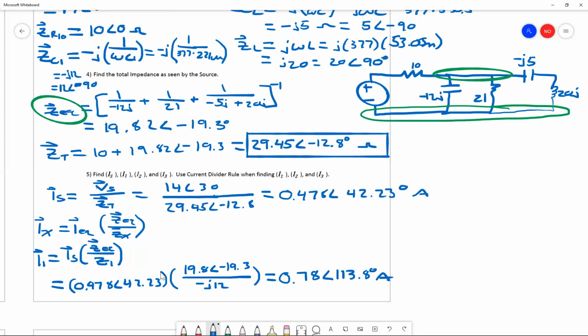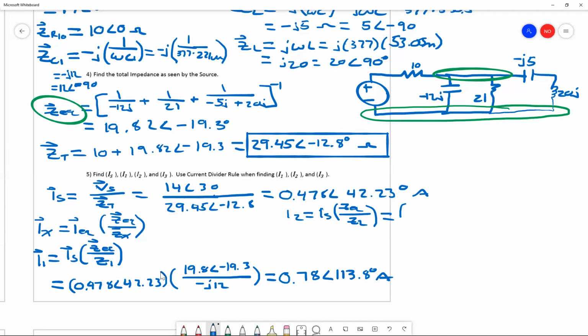Don't be worried if you're a little bit off. If you got 0.79 or your angle is a degree or two off, that's almost certainly due to just a rounding issue. The next two are going to be solved the exact same way. I2 is going to be IS times ZEQ over Z of branch 2.